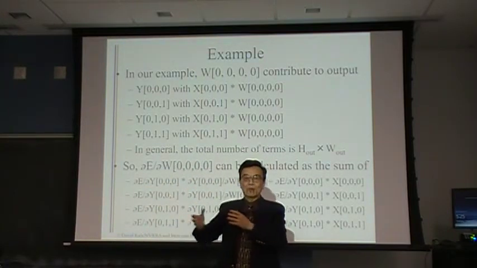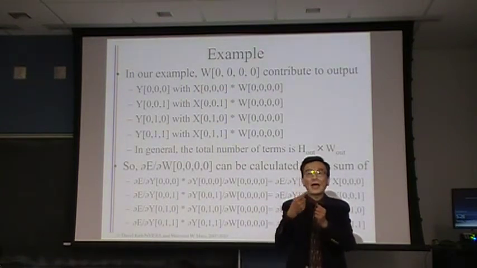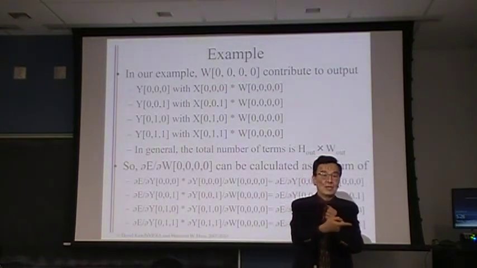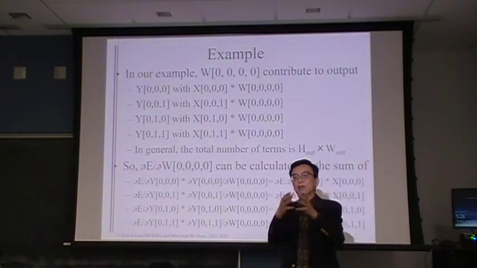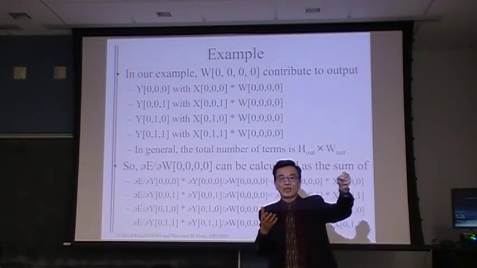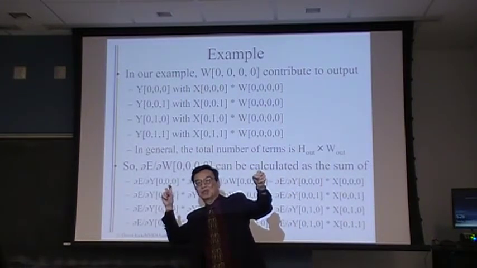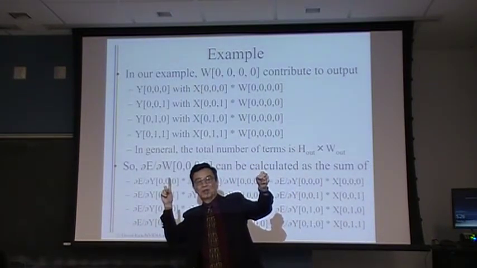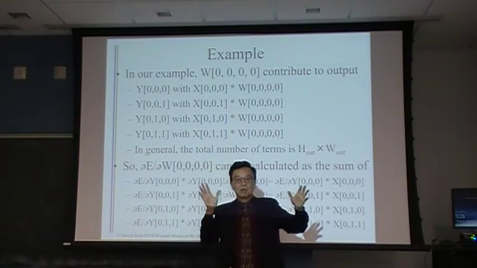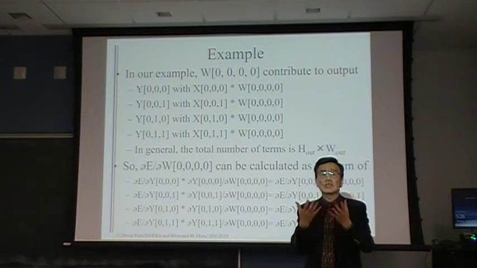So the importance of each w should be tied to an x value, because the x value is multiplied with that w element value. If the x value is big, then any small change of the w value will make a big difference in the y value. So intuitively, the importance of these w values should be defined by the x values.